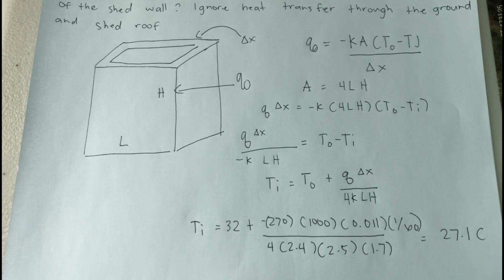Otherwise, Ti is going to be bigger than To, which is not possible because Q is positive, therefore Ti is smaller than To. So just remember those couple of tricks. Make sure your units are consistent in this problem. If not, you're going to end up with some very odd heat transfer rates or very odd thermal conductivities or odd temperatures.